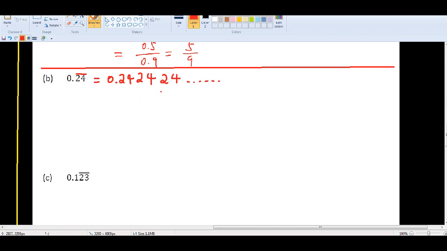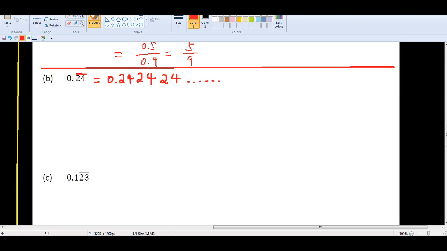How could we do it? The way to do it is you need to rewrite the whole recurring pattern into an infinite geometric series, and then find what the T1 is and what the common ratio is.